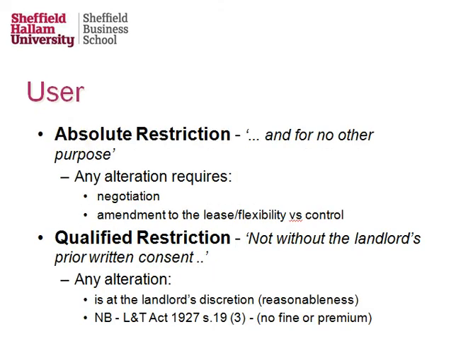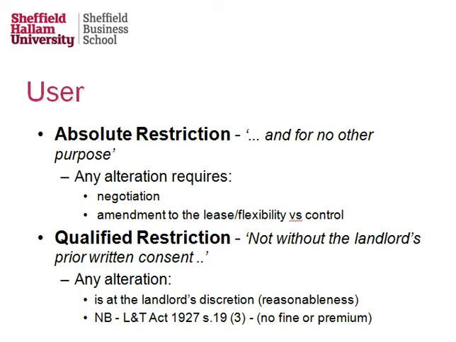Now, just in terms of the clauses, these are legal terms that are used. You can have an absolute restriction. So the lease might specify what the property can be used for, and then have the words "and for no other purpose." So it might say for sale of ladies' high-class fashion goods and for no other purpose. In that instance, if the tenant wants to use it for another purpose, then it would be down to negotiating with the landlord.